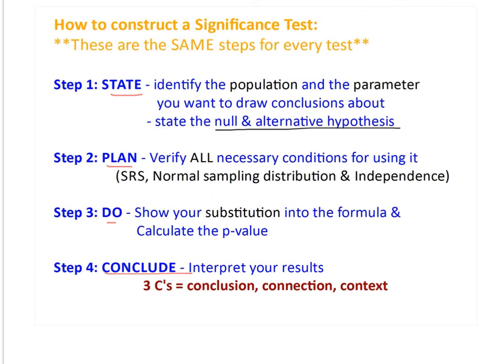Plan is actually going to be random, normal, and independent again. And then the do and conclude steps are very similar, just with the formula changing in the do step. So we're going to go through these steps in every video where we talk about significance tests, but today we're focusing on the state step.